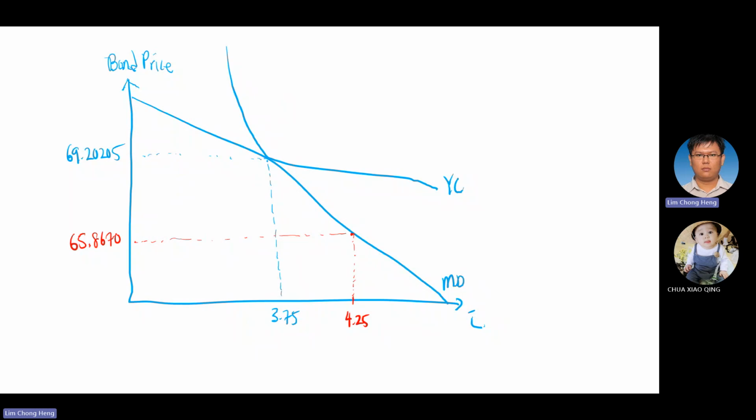Okay, this is based on the modified duration. Bond price based on the modified duration.